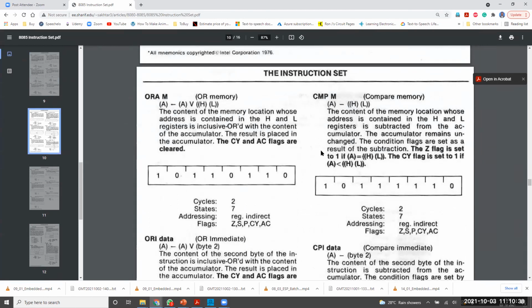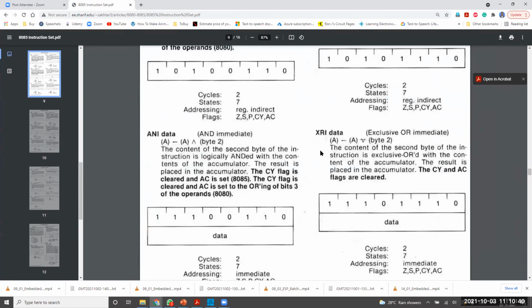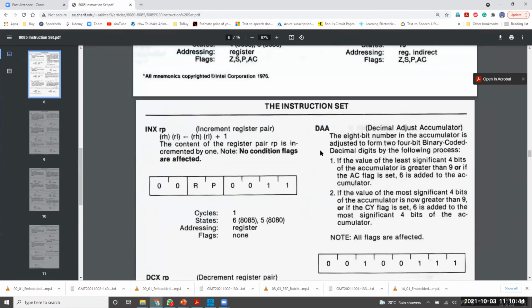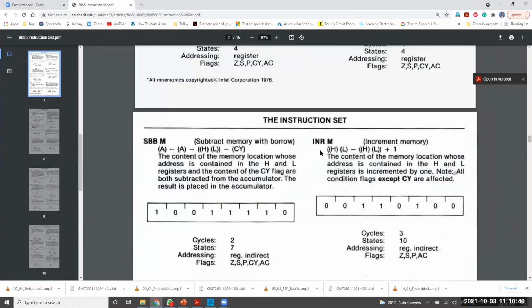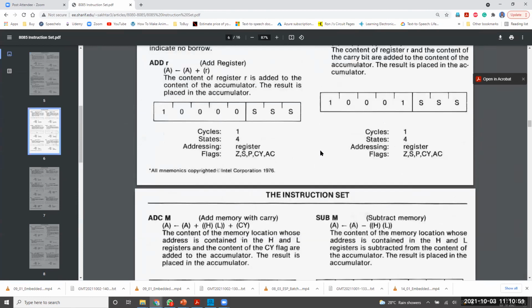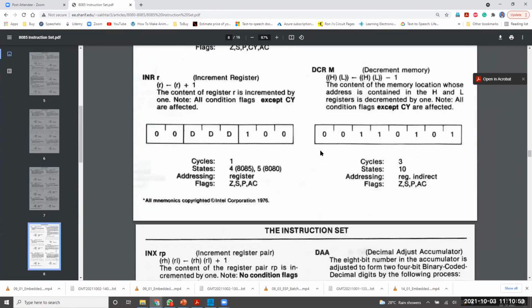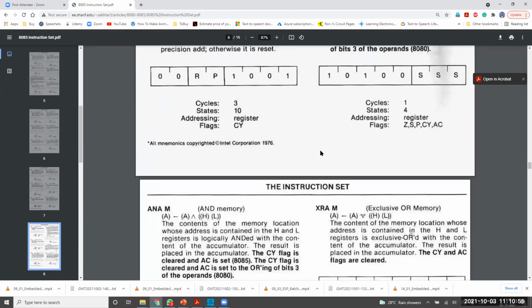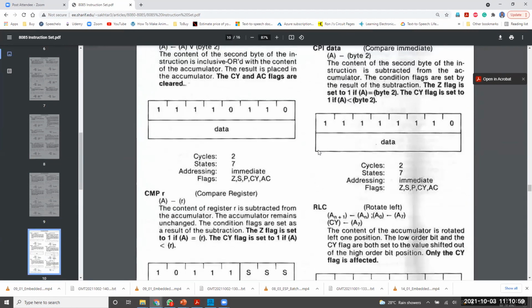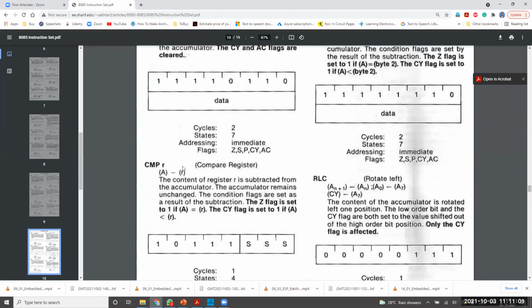Compare memory. Sorry, compare register. I don't remember this thing because it's all a simple concept. See that there is a thing called compare register.